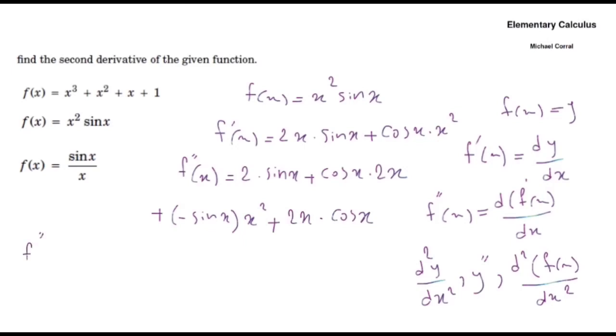So the second derivative of f(x) equals 2 sine x plus 2x cosine x minus x squared sine x plus 2x cosine x.